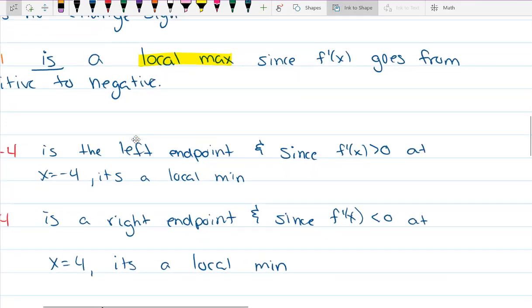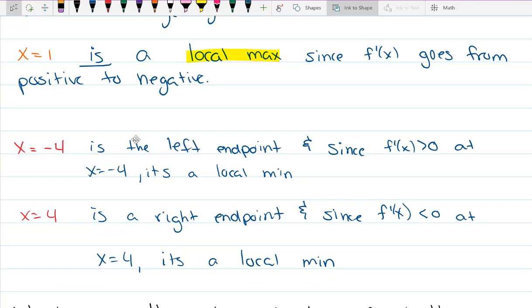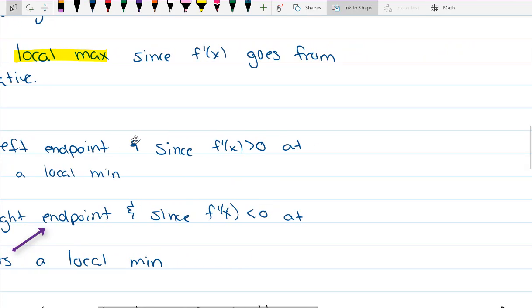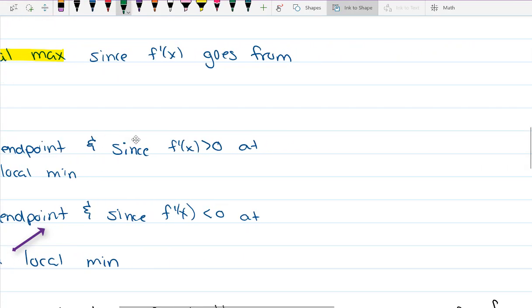Now this is kind of confusing, because I said that for x equals negative 4, the derivative is greater than 0, so it's a min, and x equals 4 is negative, so it's a local min. Isn't that contradicting myself? Well, let's look at some graphs real quick and determine why.